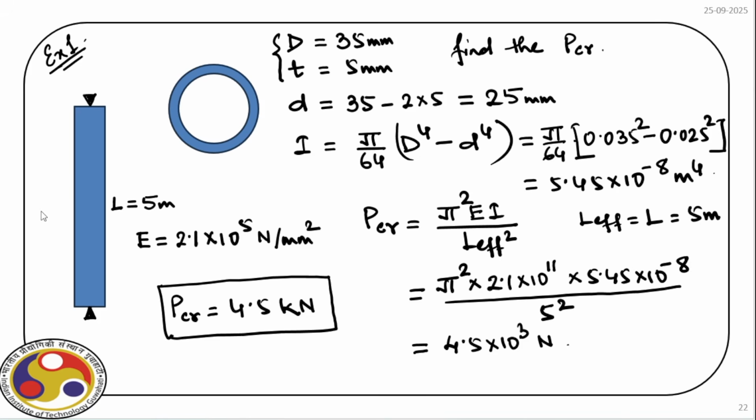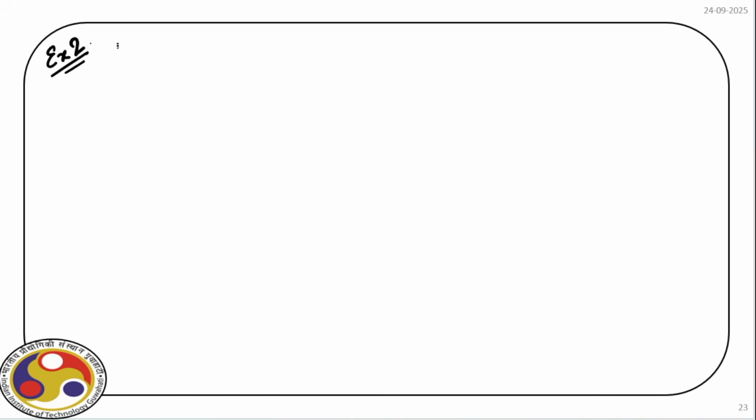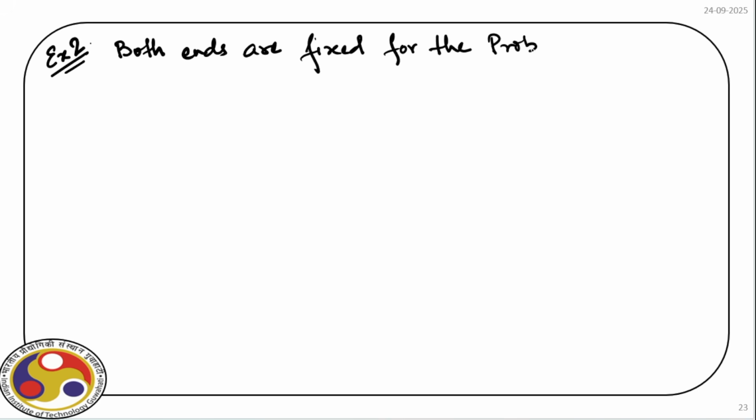So we consider the same geometry, but both ends are fixed. For the problem 1, find the P critical for this case.